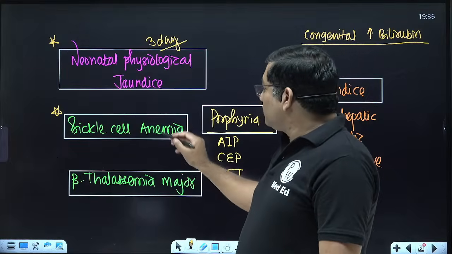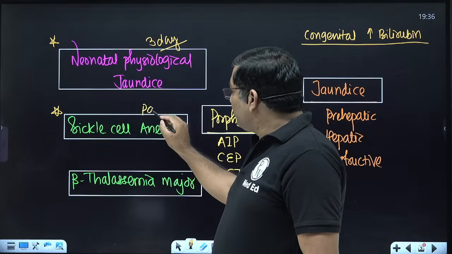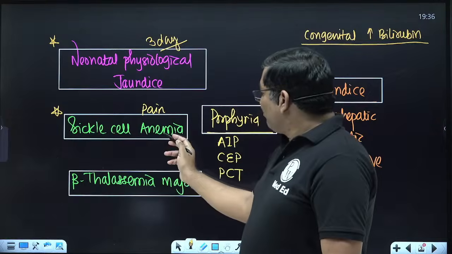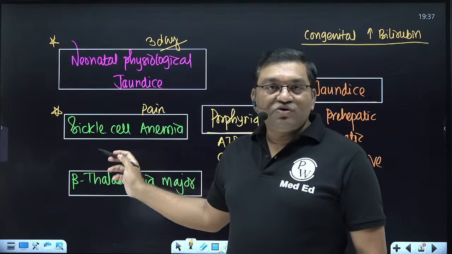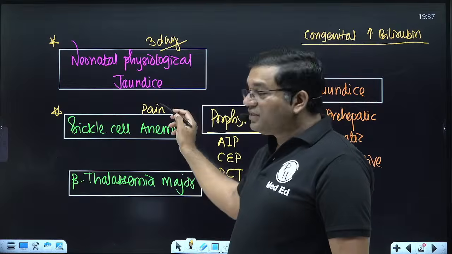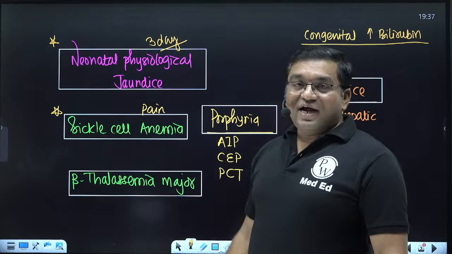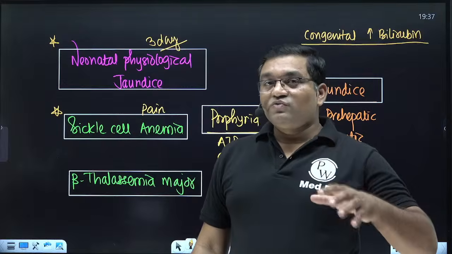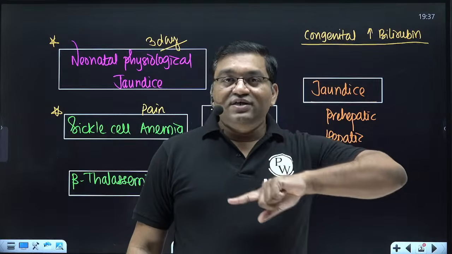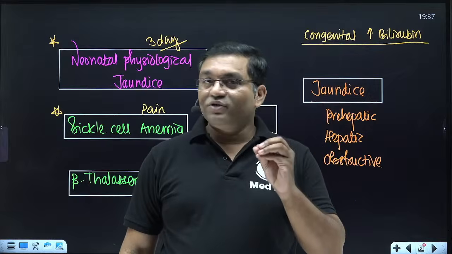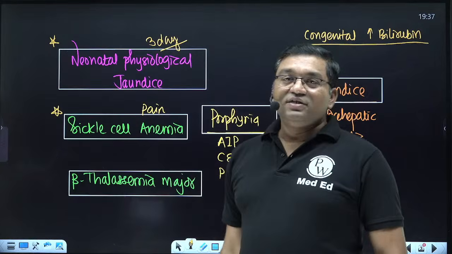So pain is the typical feature, pain is the predominant feature in sickle cell anemia. There is jaundice because of rapid hemolysis of the RBCs, and there is pain in the extremities. These are the features of sickle cell anemia. The laboratory tests used are detection of sickled RBCs under the microscope, and also the hemoglobin electrophoresis pattern, which is important here in sickle cell anemia.